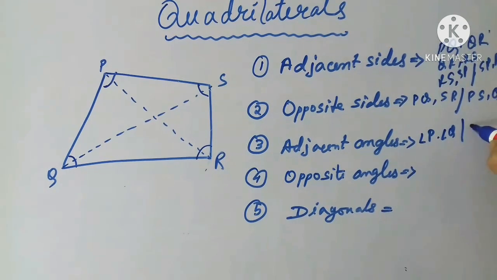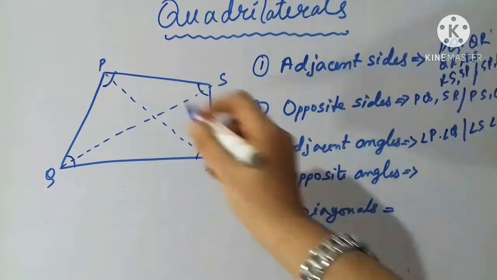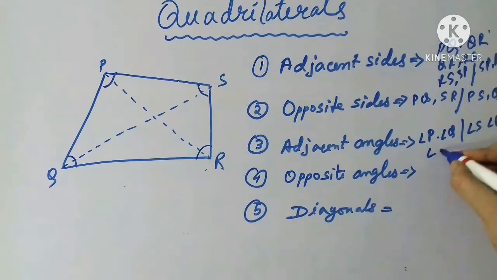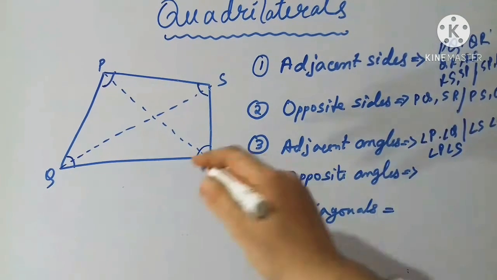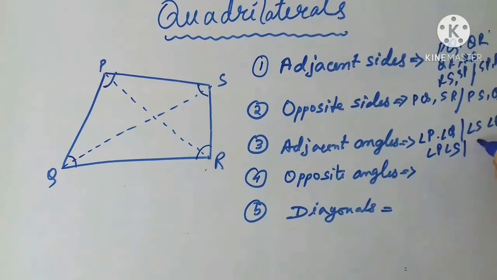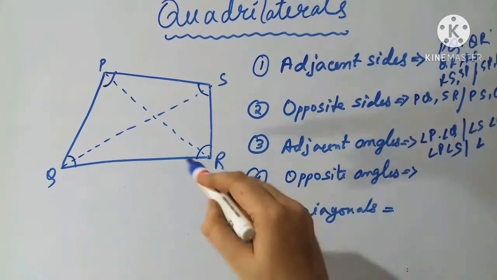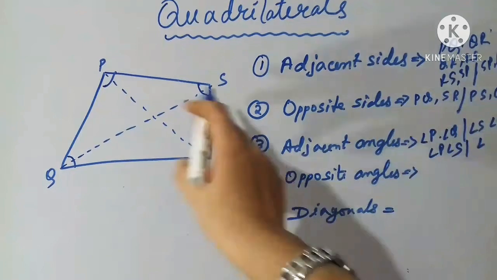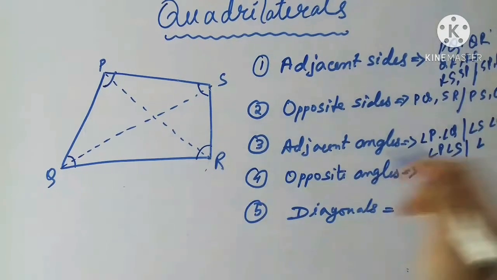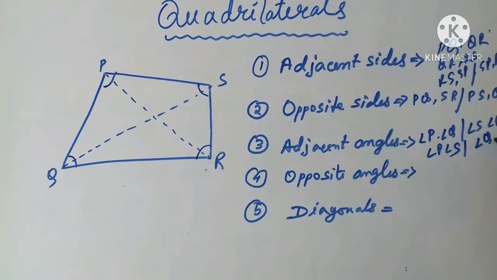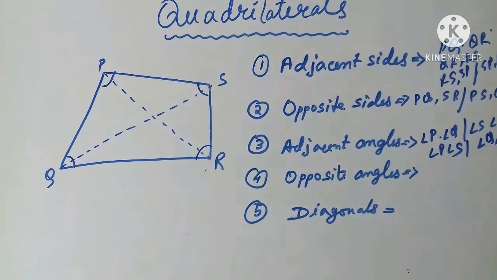Again angle S and angle R, these two are adjacent. Again angle P and angle S, and after that angle Q and angle R.